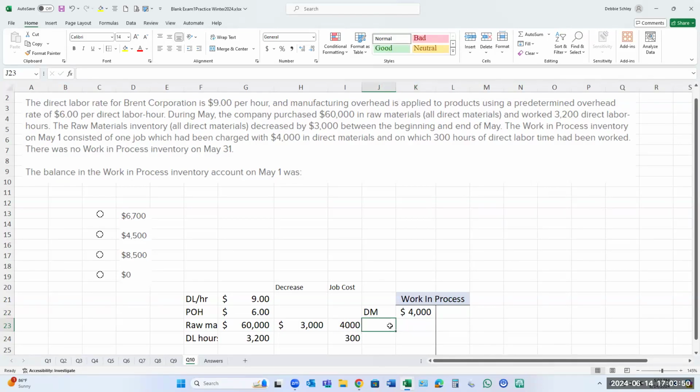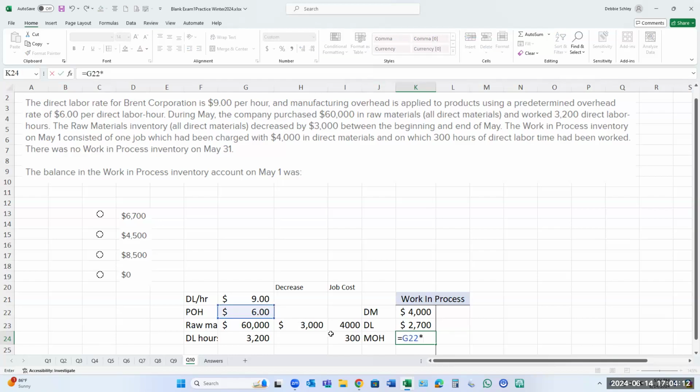And then we had direct labor, which was labor rate times 300 hours. And then we have manufacturing overhead, which was predetermined overhead rate times the 300 hours.